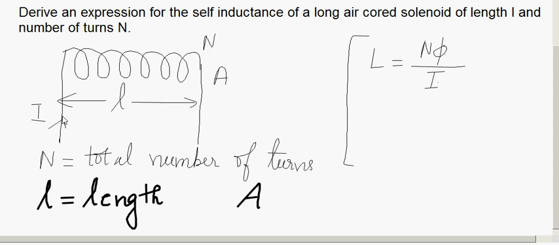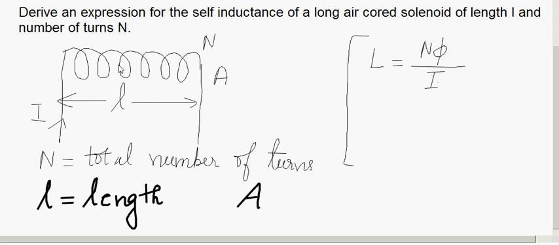If you supply a current I through this coil, now what will happen? When a current flows through a solenoid, it sets up a uniform magnetic field, right? And the field is given by B is mu naught n I. The solenoid will act as a magnet. One side will be north pole, the other end will be south pole.